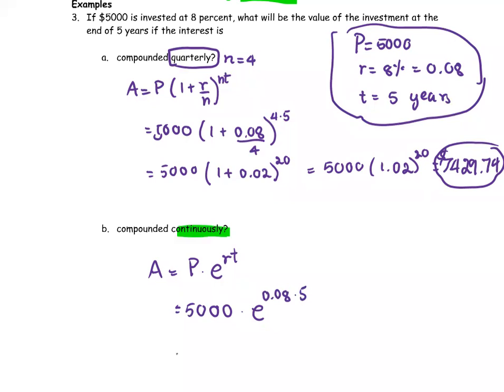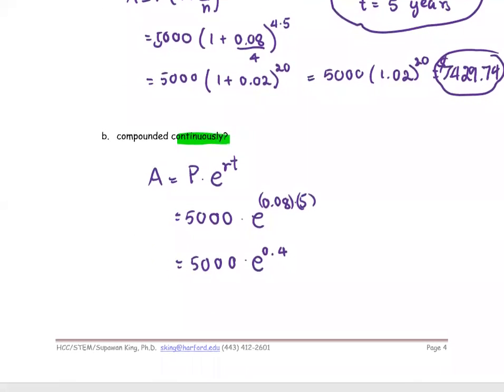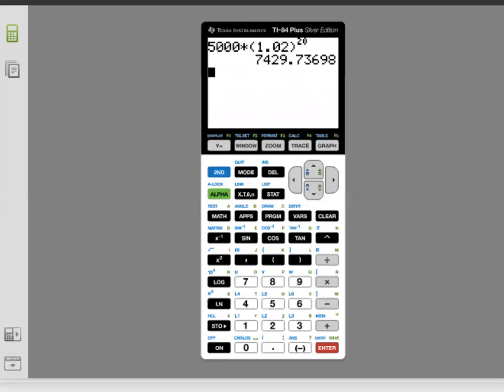And then simplify it to be 5,000 multiplied by e to the power 0.4, because 0.08 multiplied by 5 is 0.4. And then we plug it in the calculator. Multiply by the letter e to the power.